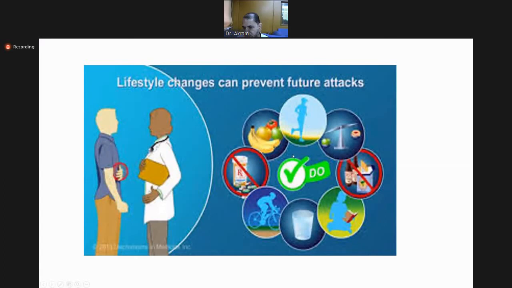Avoid fatty food, do some exercise, eat healthy food and fruits, take an adequate amount of water, and if the patient follows these simple instructions, this can avoid it developing the next time.